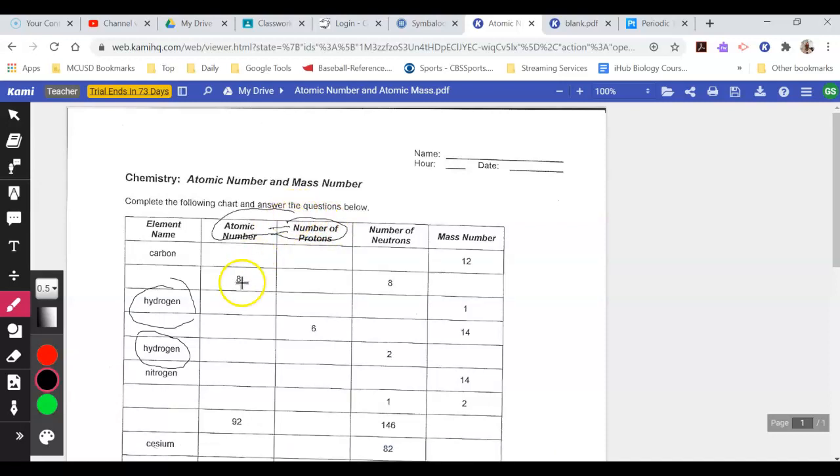The number of neutrons would be taking the atomic mass, and we sometimes call it the AMU, atomic mass unit, and you would subtract the atomic number, which is the number of protons. And then to get the mass number, you would take the atomic number and add the number of neutrons. Just little formulas that'll help you fill out this sheet.